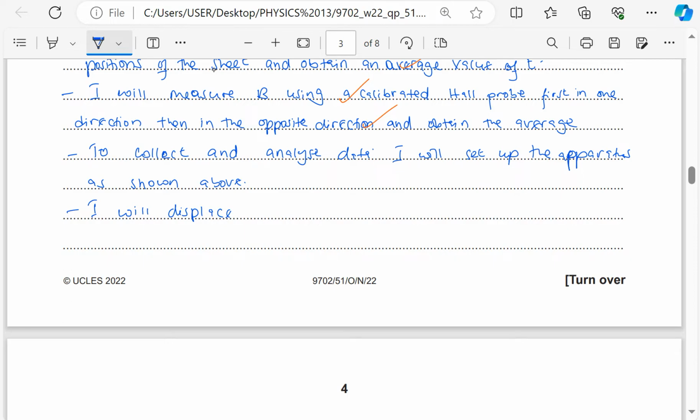So I will displace the sheet through a horizontal distance S naught, of course measured from the ruler.